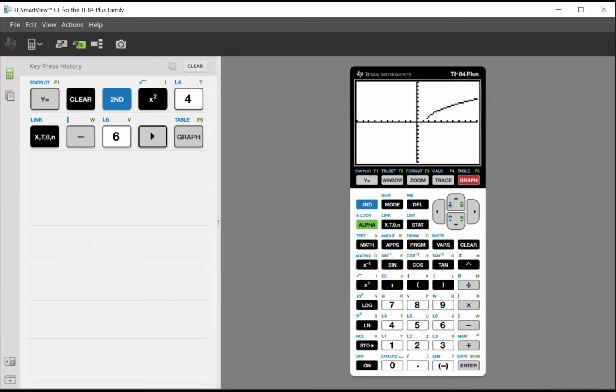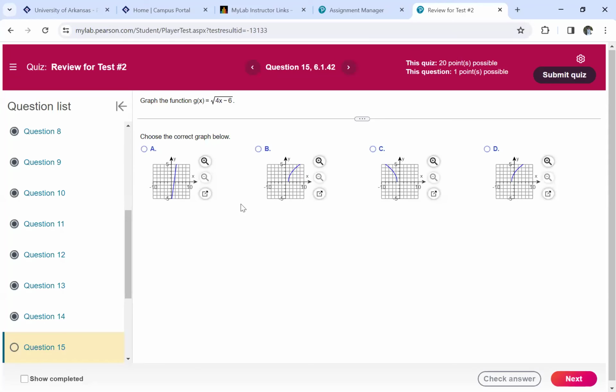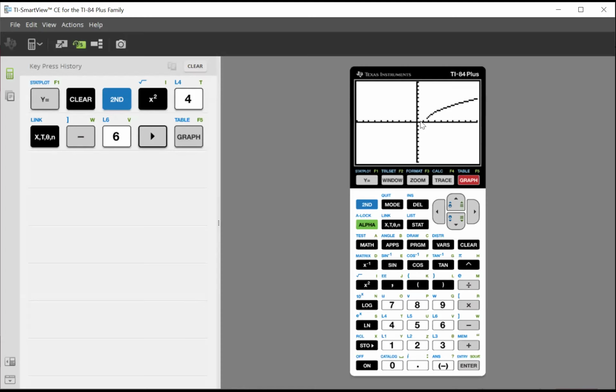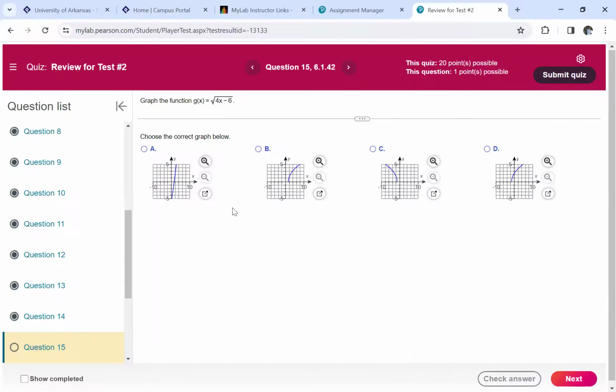Now, I want to show y'all something on this one. Let me go back to Math Lab. Well, there's only one that looked like that, right? So let me show you my graph again. So see how it sort of goes right a little bit and then starts going uphill? The only picture that is close to that has to be B, y'all.